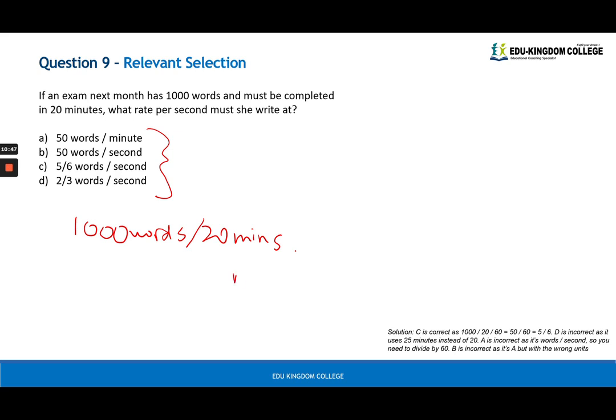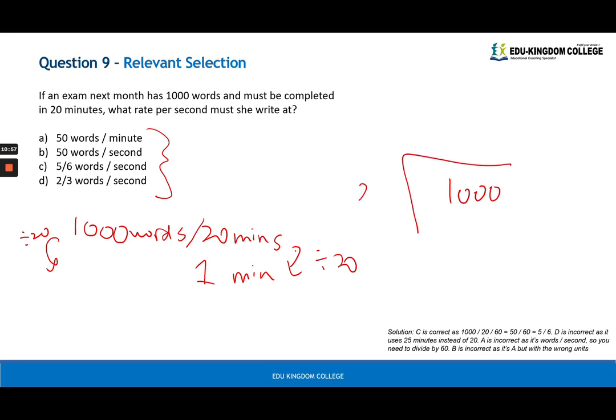So let's get to minutes first to check that one off. For 1 minute you divide by 20, right? Be careful with your zeros. You can cancel this out. So 2 into 100 is 50, right? 50 words per minute.